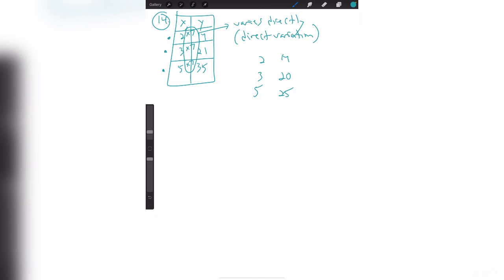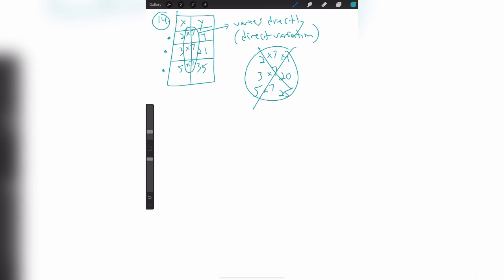Well, 2 times 7 would be 14, 3 times, I don't even know. It's not 7, and that's not 7. So we wouldn't say it actually varied directly. So this would not show direct variation. But in the problem that we're working with, number 14, this does show direct variation.